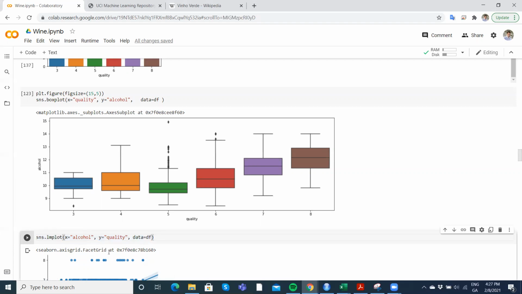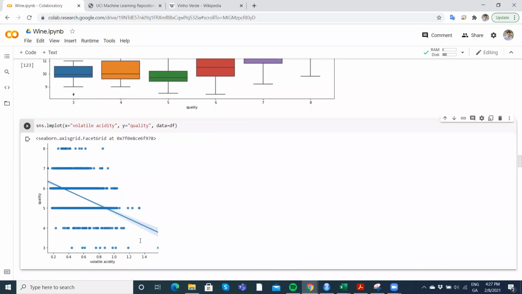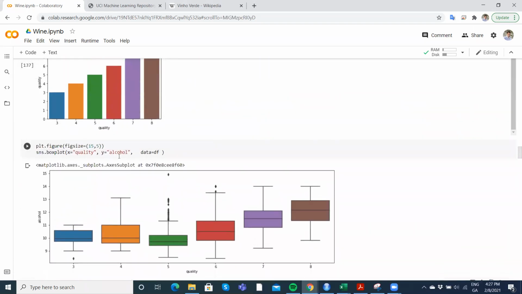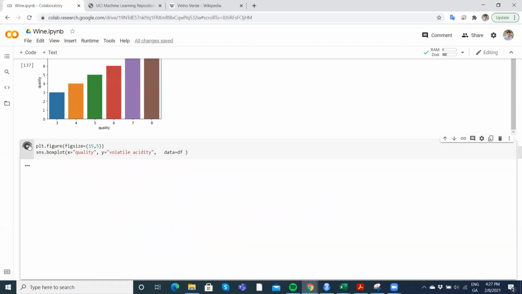We could have a look here at the volatile acidity, just to get another metric. Okay, and I should have done it this way, volatile acidity here, and run that.